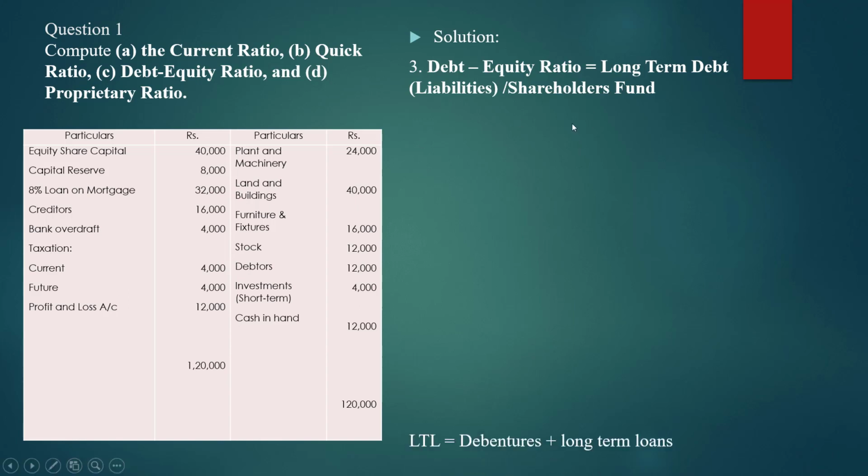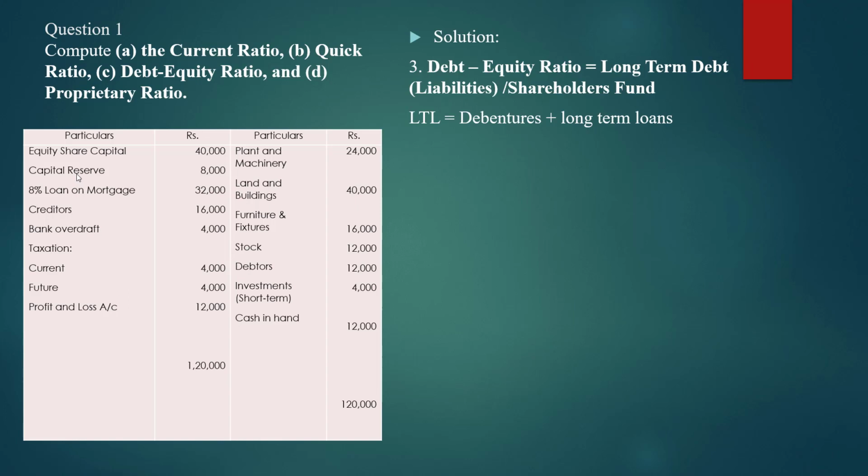Now long-term liabilities is equal to debentures plus long-term loans. In the question we have to check whether debentures or long-term loans are given, and accordingly we have to put in the value to find out the long-term liabilities or long-term debt.